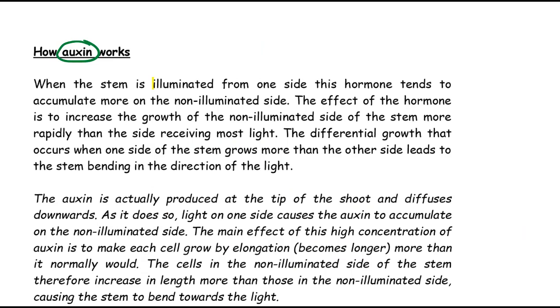When the stem is illuminated from one side, this hormone tends to accumulate more on the non-illuminated side, which basically means the darker side. The effect of the hormone is to increase the growth of the non-illuminated side of the stem more rapidly than the side receiving most light. The differential growth that occurs when one side of the stem grows more than the other side leads to the stem bending in the direction of the light.